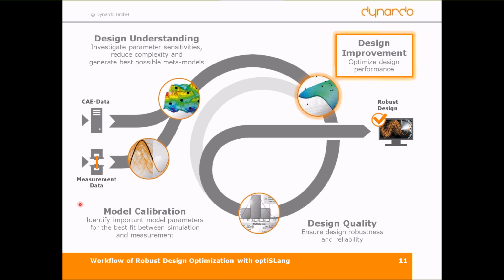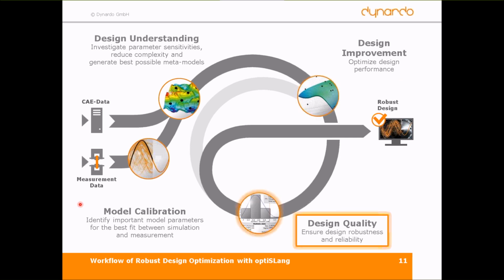For example, you optimize the body in white of the car, or you can optimize a bridge. That's about structural mechanics. If it becomes leaner and leaner, maybe you optimize for two different load cases, and in the end you have three more wind load cases or crash load cases, and then you examine, and you find out, oh, it got too lean. So is it still stable under scattering loads? Is it still stable under scattering material thicknesses?